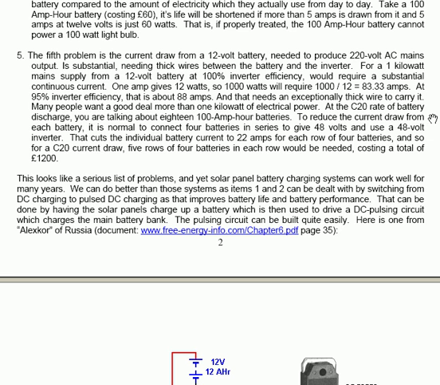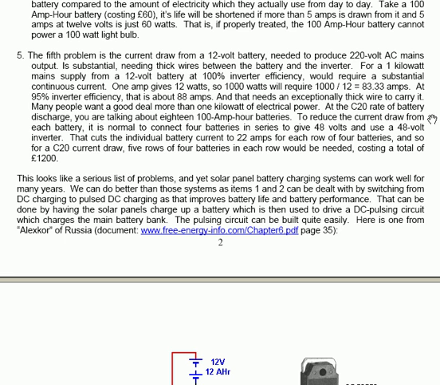That cuts the individual battery current to 22 amps for each row of 4 batteries, and so for a C20 current draw you need 5 rows with 4 batteries in each row, and that would cost a total of £1,200.